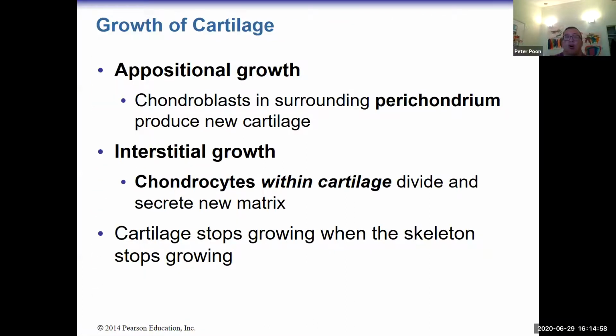So, appositional growth and interstitial growth. Appositional growth is the chondroblasts in the perichondrium producing new cartilage. So let me show you how that works. Here's my piece of cartilage.